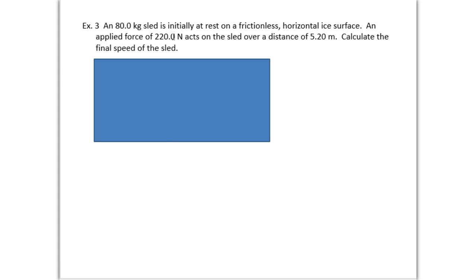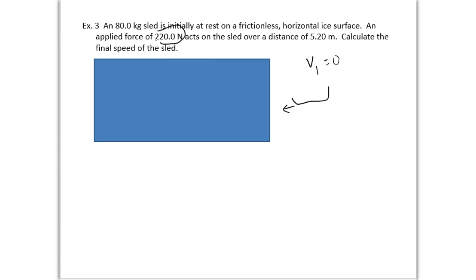A force of 220 newtons acts on the sled over a distance of 5.2 meters. Calculate the final speed. So you have a sled that's at rest, so you know your V1 is 0. You're going to apply a force to the sled, and you're going to get the sled to move.